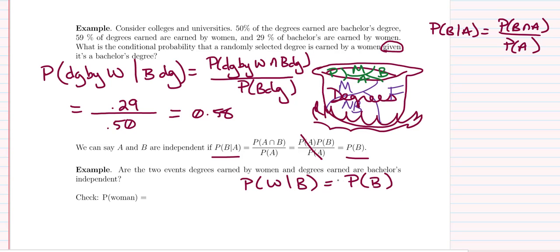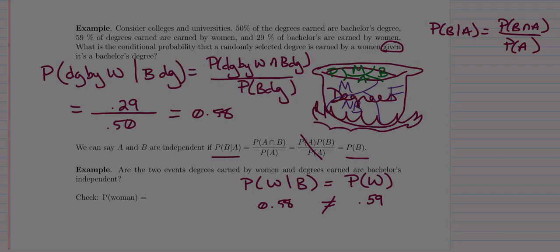So we want to show that this, not B, but I want this to be W, we want to show that this is equivalent. So we saw that this is 0.58 from above, and we know that the degrees earned by women are 0.59. This is not close enough, right? So this implies that they are not independent.